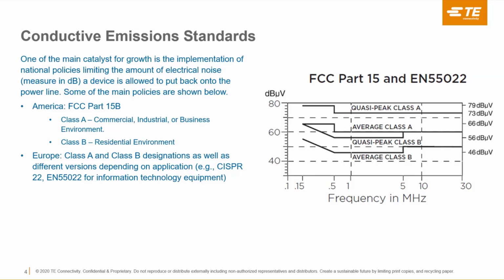What we're looking at is Part 15 of the FCC and the harmonized one, EN 55022. And there are two classes there, Class A and Class B. Class B is for your household. Class A is for more of an industrial environment, meaning there is more noise. Then quasi-peak and average have to do with how the noise is measured and how it presents itself when they're looking at it.